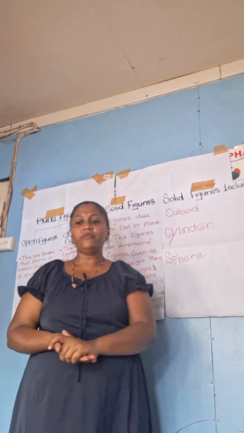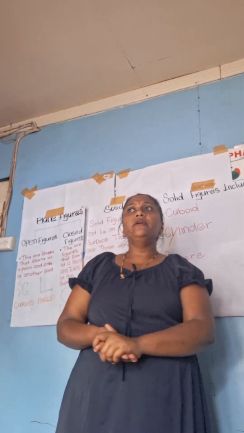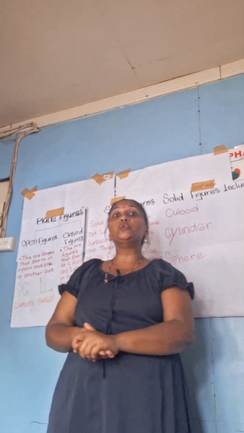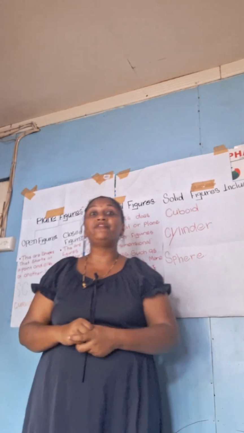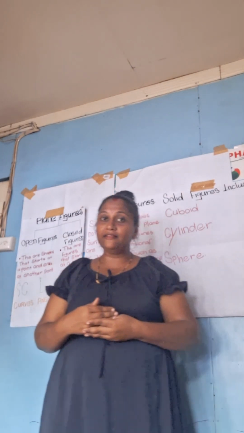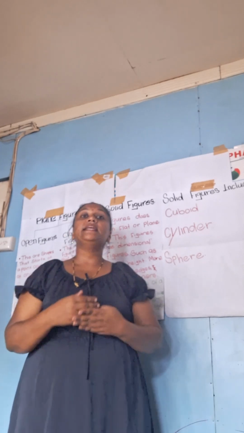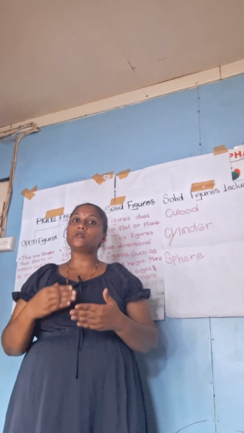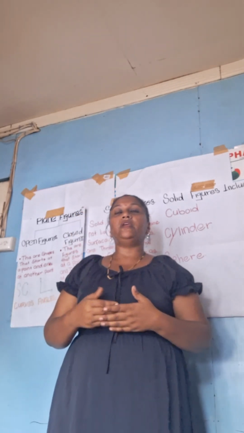So today we're going to look at shapes, but two different types of shapes. One is the plane shape or plane figure, the other one is the solid figure, also known as space figure.